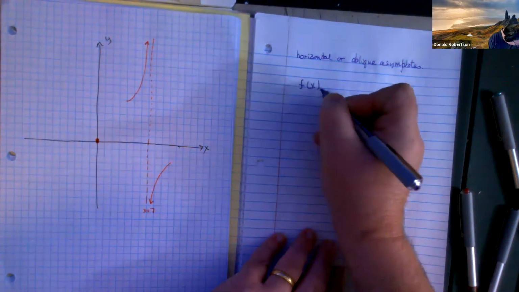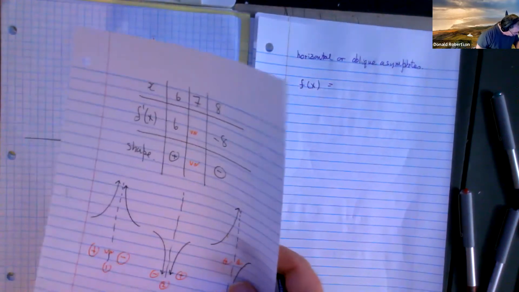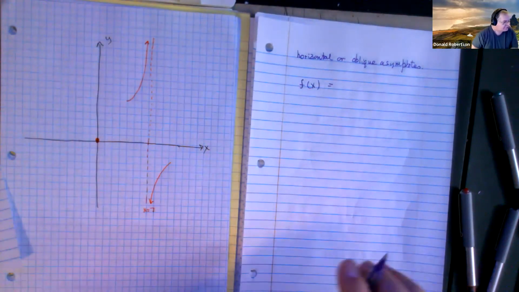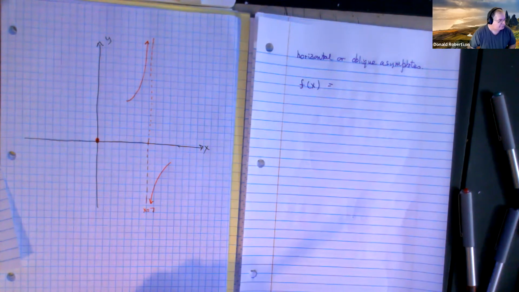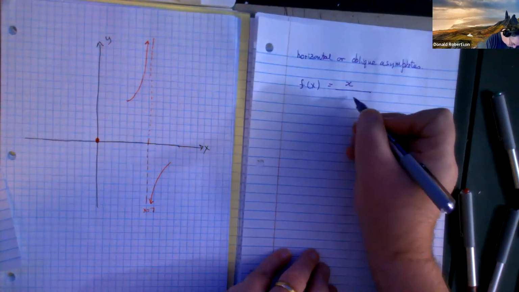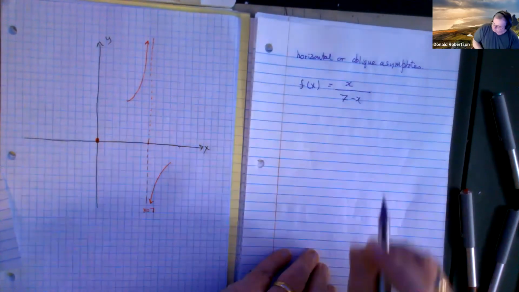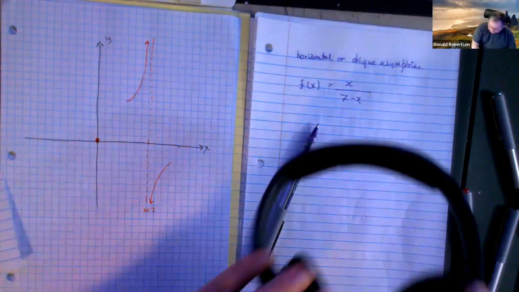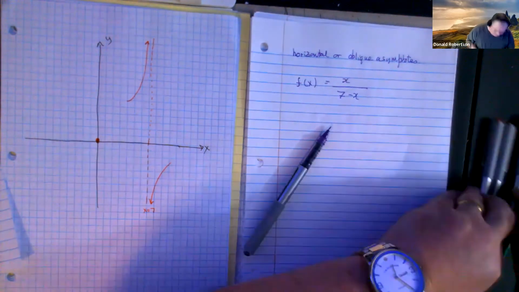The original function was called x over 7 minus x.